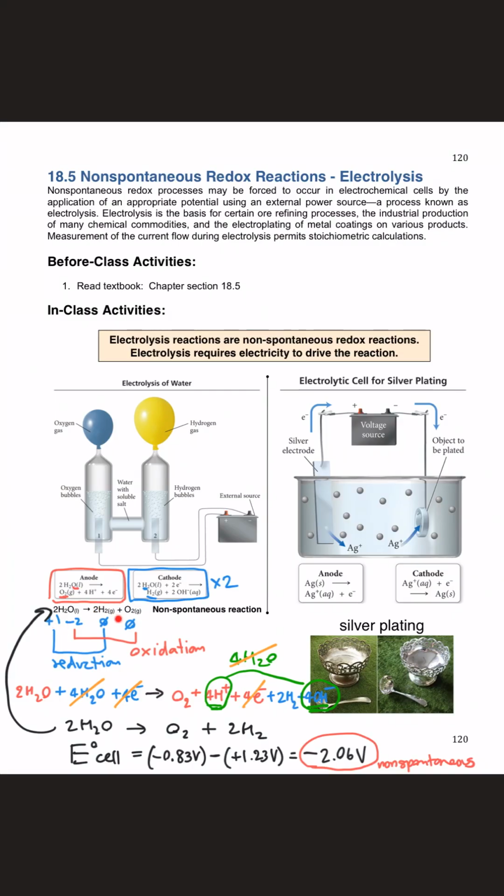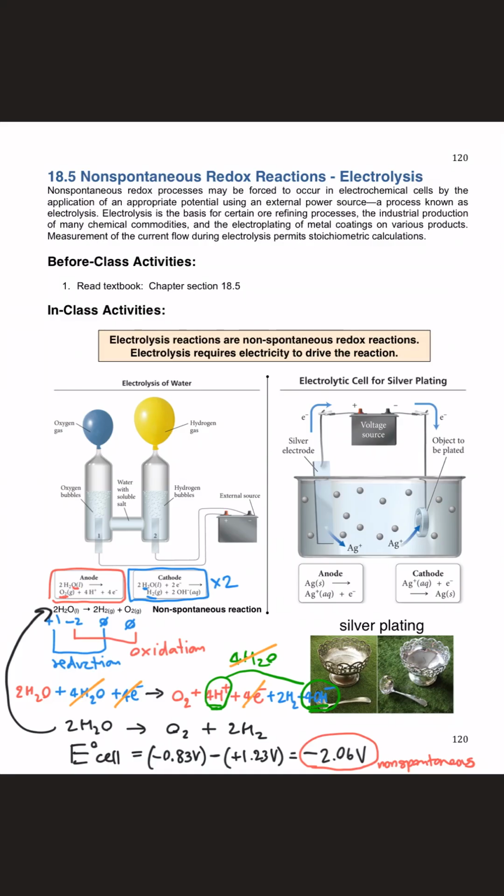So if the reaction is non-spontaneous forward, the reverse process would be spontaneous. Therefore, oxygen and hydrogen reacting together occurs spontaneously in the reverse direction, and that application is used in the hydrogen fuel cell that we mentioned in the previous chapter section.